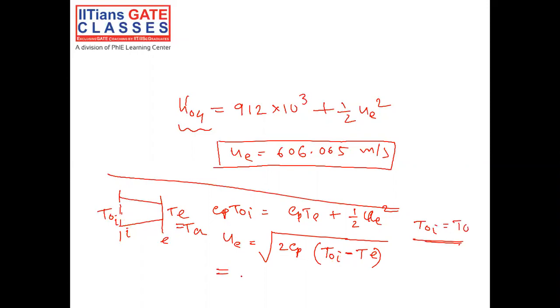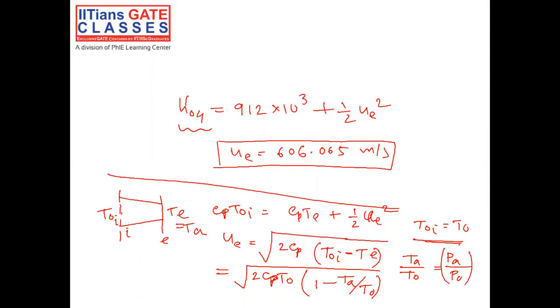You can take TO common and you will get TA by TO, and this TA by TO can be written as PA by PO to the power gamma minus 1 by gamma, right? So this comes from the isentropic relation.